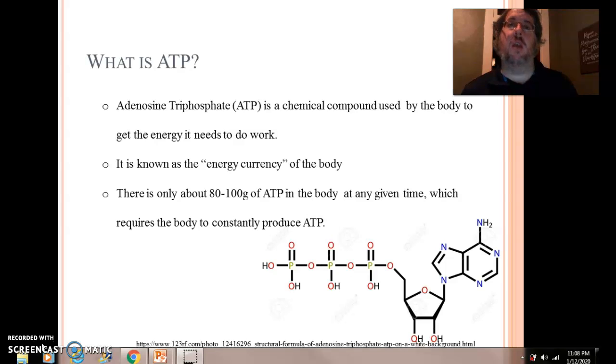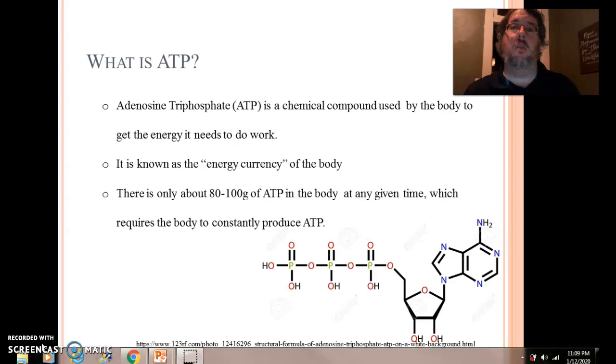It's a high energy phosphate chemical in the body that, when broken down to adenosine diphosphate and phosphate ion, releases energy that allows our body to do work. And it is sometimes described as the energy currency of the body.